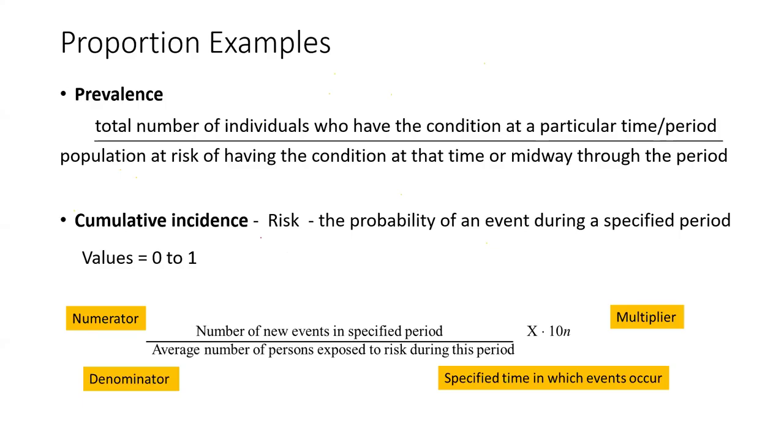Why I'm telling you this is to reiterate that cumulative incidence is a proportion: the number of new cases occurring in a specified population in a specified period of time, times a multiplier. So this is the risk or the probability. It is an incidence, but in terms of the tools of measurement, it is a proportion. This is what you need to remember.